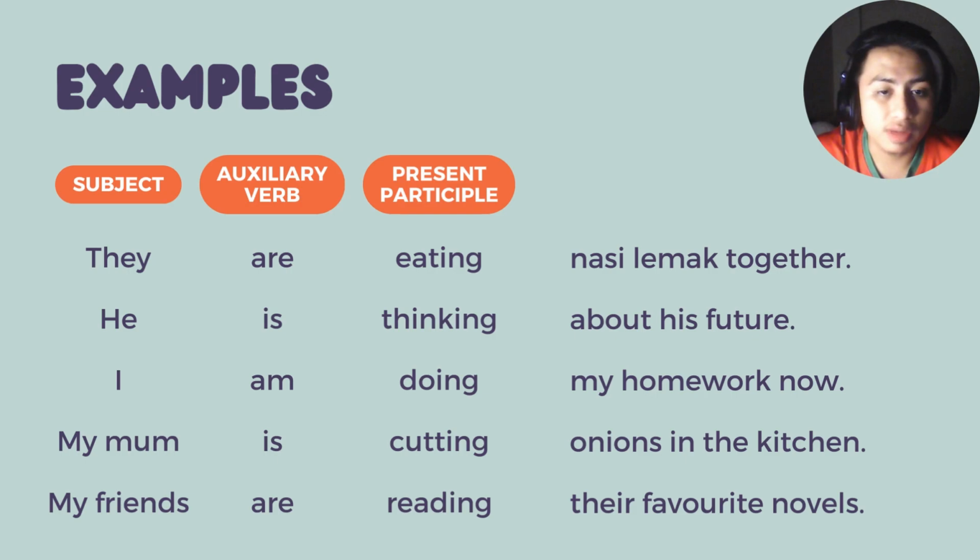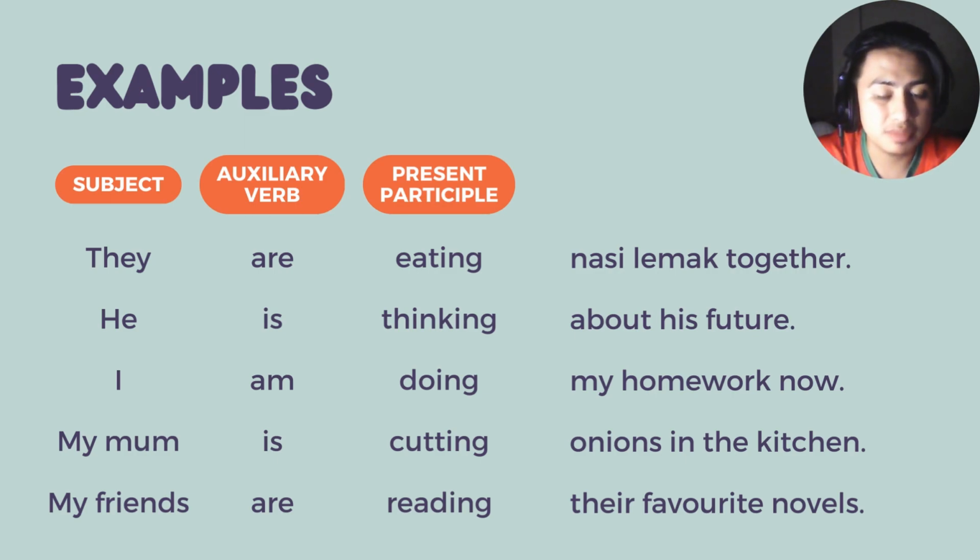And the next one is my mom is cutting onions in the kitchen. So, my mom is singular, right? So why do we use is? Because my mom is singular, and it is followed by cutting and followed by onions in the kitchen. And the last one is my friends. My friends, because it is plural, we use are.